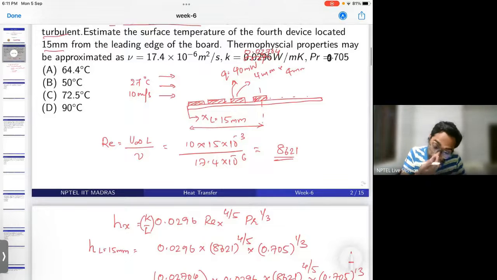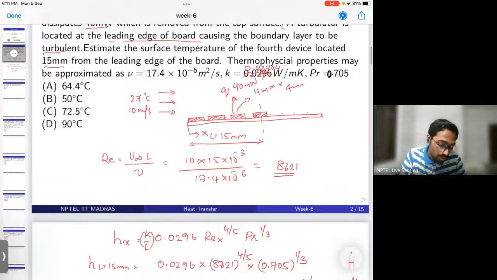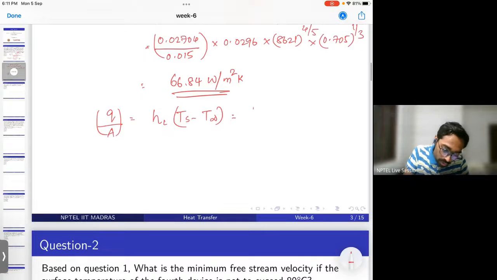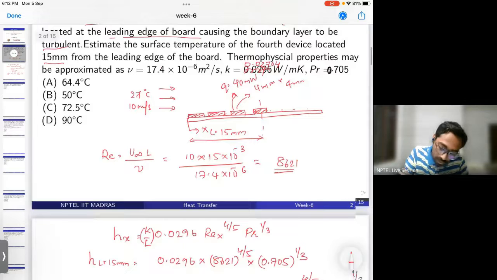Okay. So next we are asked to find out the surface temperature. So we know Q by A, that is the heat flux, is equal to h_L into (T surface minus T infinity). Q is given as 40 milliwatts divided by area, which is also given, 4 mm by 4 mm, that is 16 mm square, that is 16 into 10 raised to minus 6. It should be equal to h, 56.84, into (T surface minus T infinity), where T infinity is given as 27.